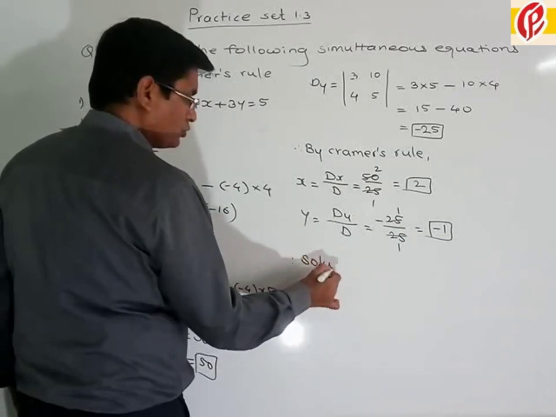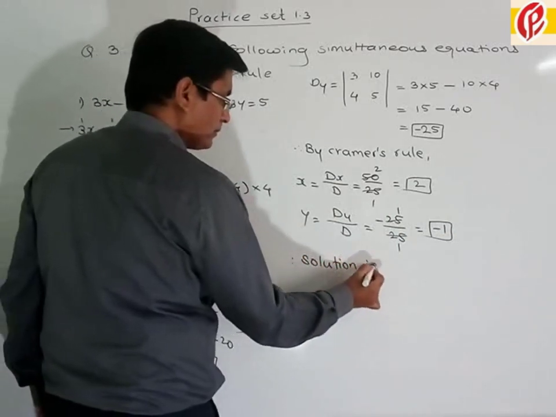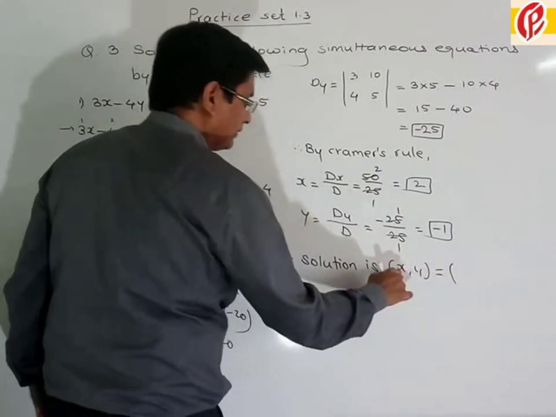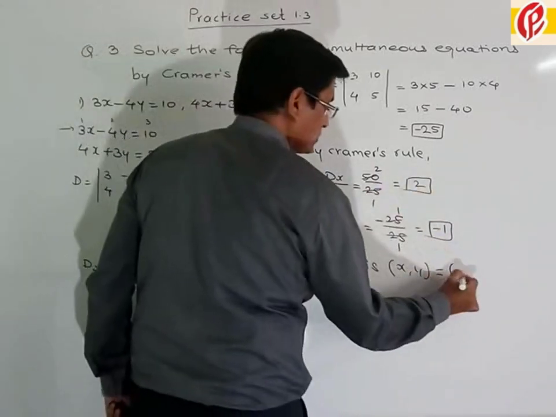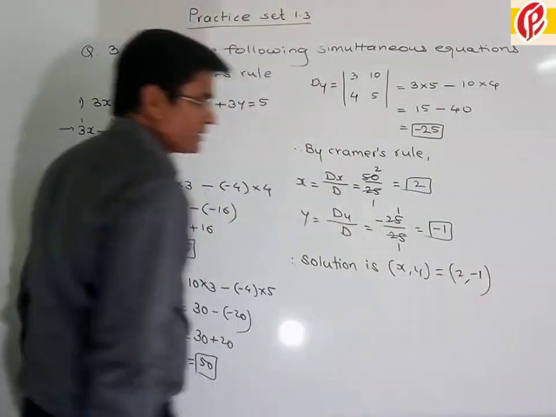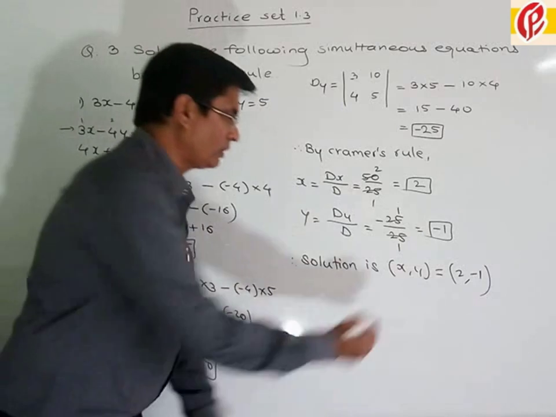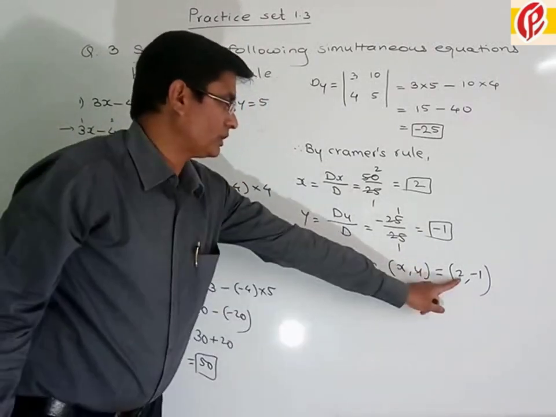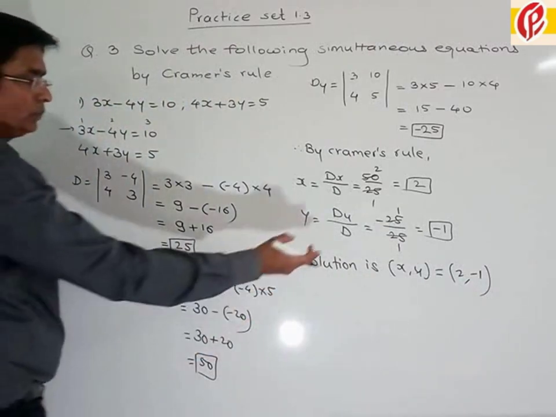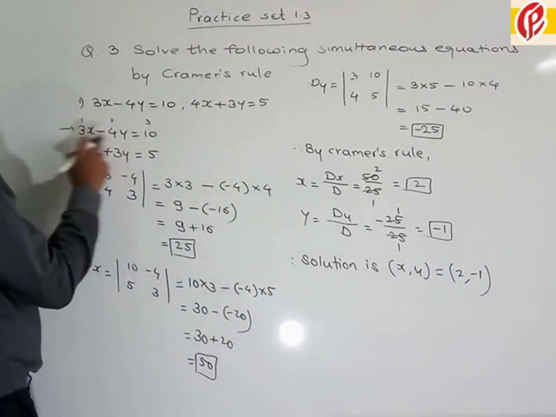Therefore the solution is in bracket x comma y is equal to, first write the value of x, that is 2, and the value of y is minus 1. Now we'll check whether our answer is correct or not. So what is the value of x? 2, and what is the value of y? Minus 1. I will put these values in this first equation.